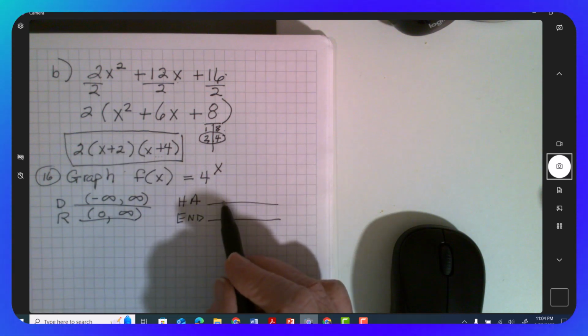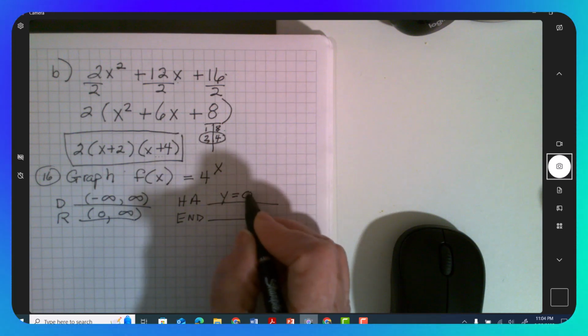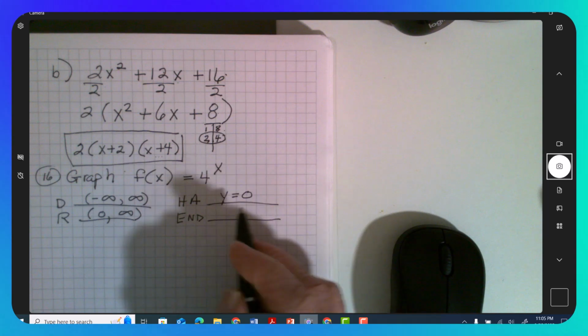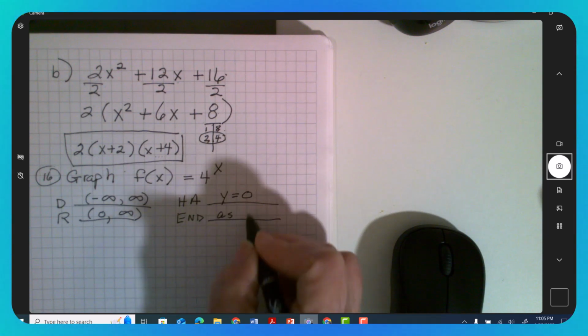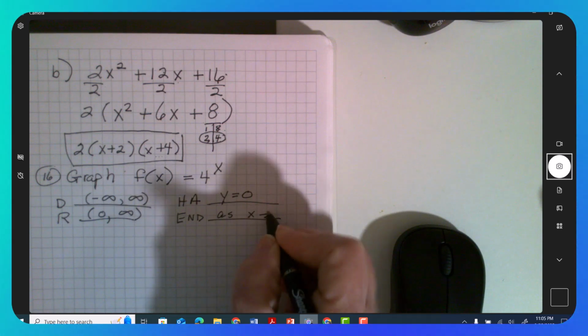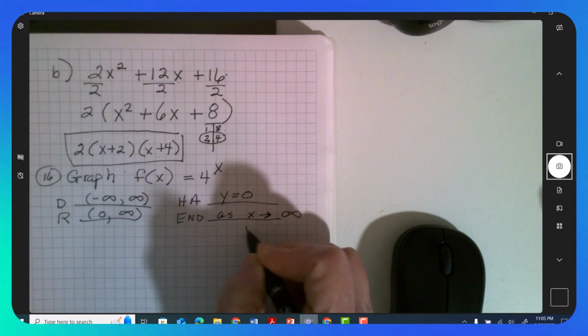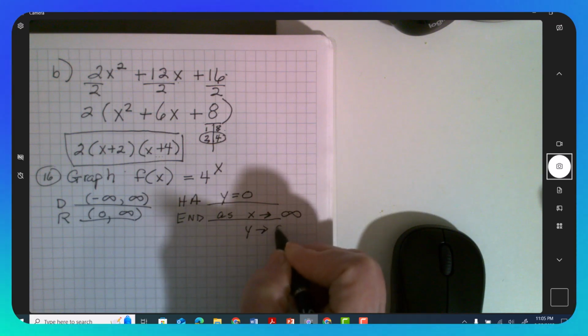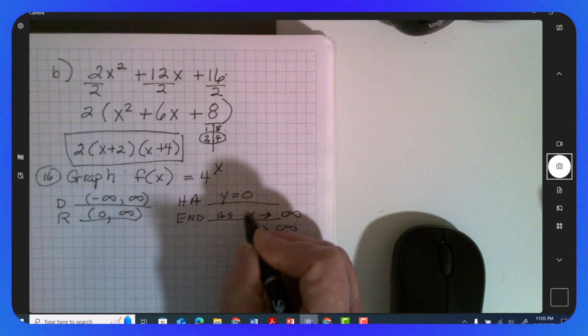The horizontal asymptote is going to be y equals 0, or the x-axis. And the end behavior: as x approaches positive infinity, y approaches positive infinity. In other words, as we go in this direction, y is going up.